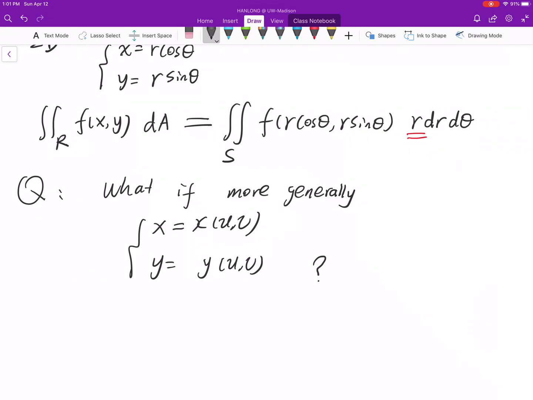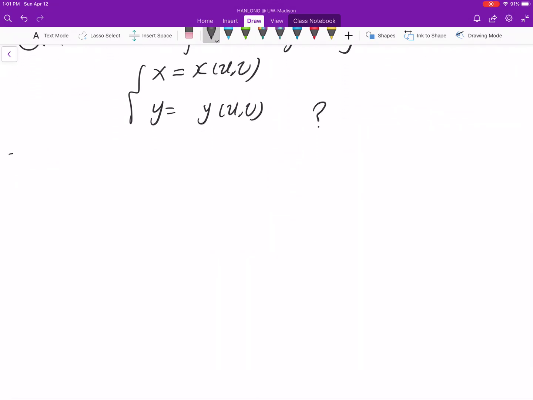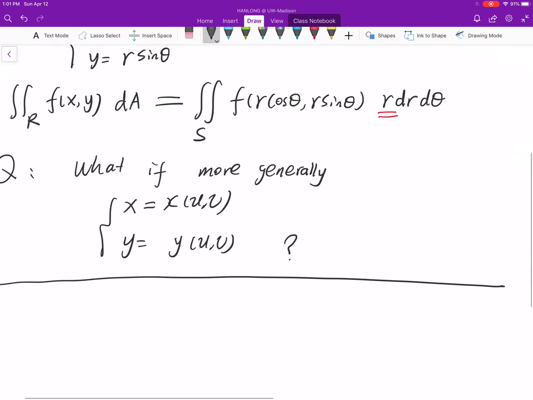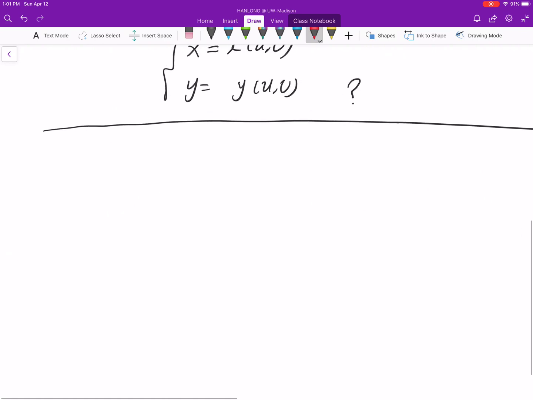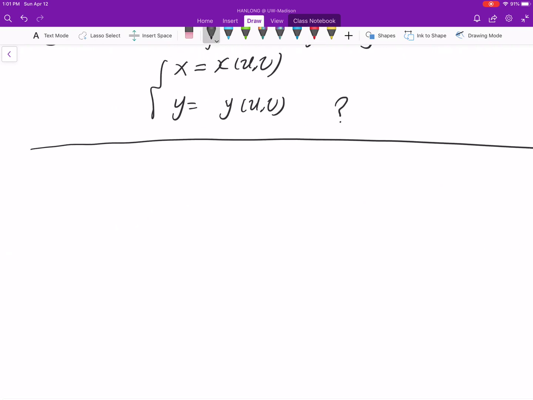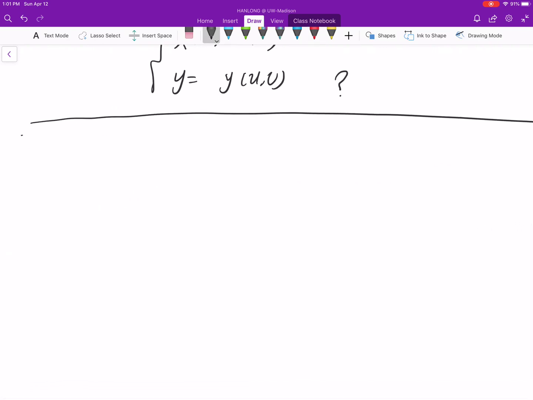Do you have some similar formula as before for polar coordinates or in the 1D case? Okay, so the answer you can expect is yes. Before we figure out the actual factor, we would like to first show an example of how to transform the domain, which is also very important.